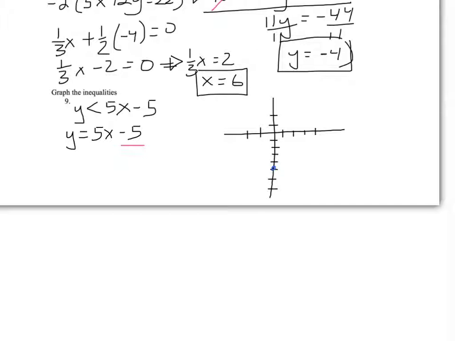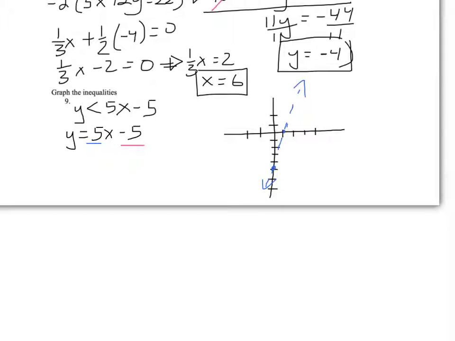The slope of the equation is 5, which means I will go up 5, 2, 3, 4, 5 over 1. So up 5 over 1. I also note that this is less than. It's not less than or equal to, so this will be a dotted line. Like so. Well, sort of like so.